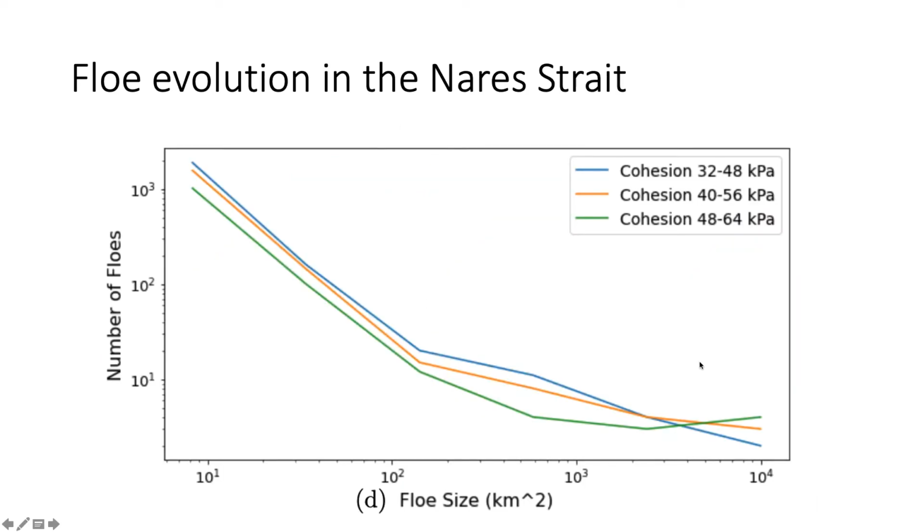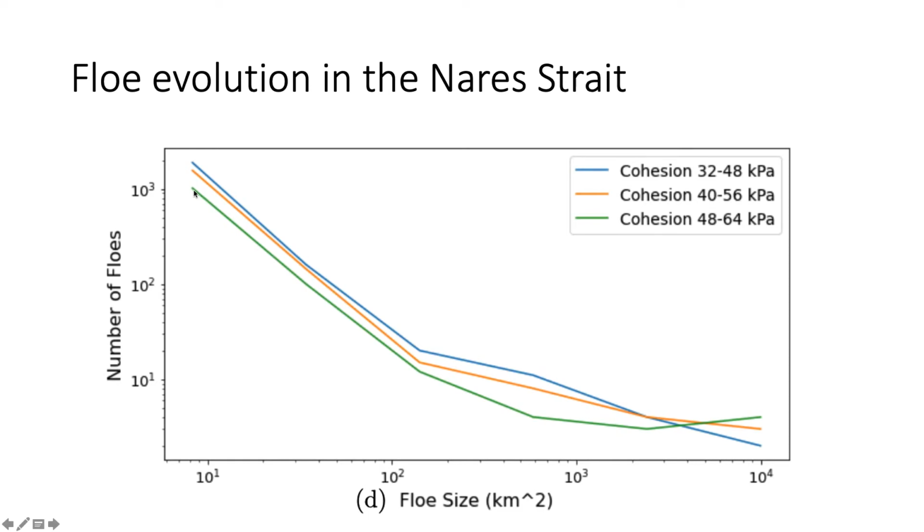If we plot, in a log-log scale, the number of floes that we found on the y-axis versus the floe size on the x-axis, for the weakest model, of course, we get the largest number of floes for a small floe size, and as that floe size increases, it flips because this weaker model would have the least number of larger floes.